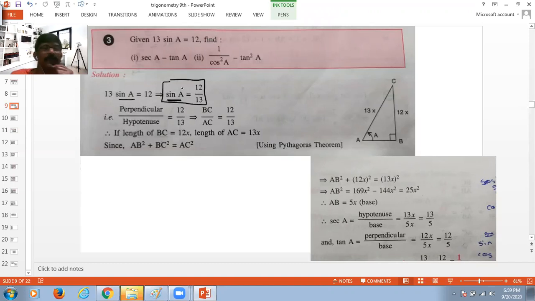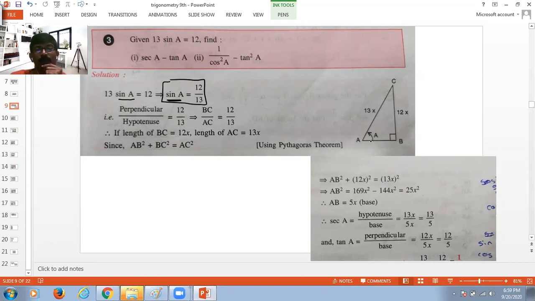Now what do we have to do? We have to construct a right angle triangle ABC. Definitely A cannot be the right angle, because when there is a reference angle A or C, this A and C will never be the right angle. Remember that. Okay, so once you construct this triangle ABC, B should be the right angle over here.